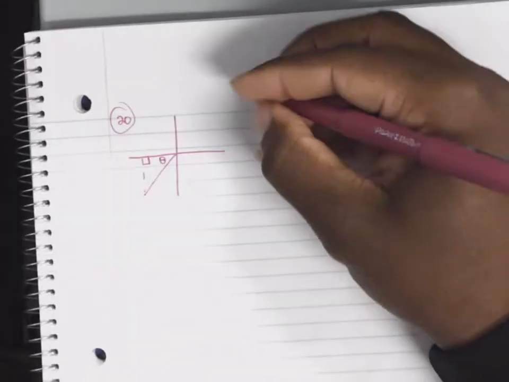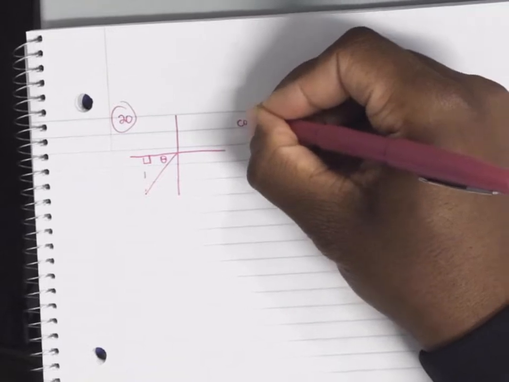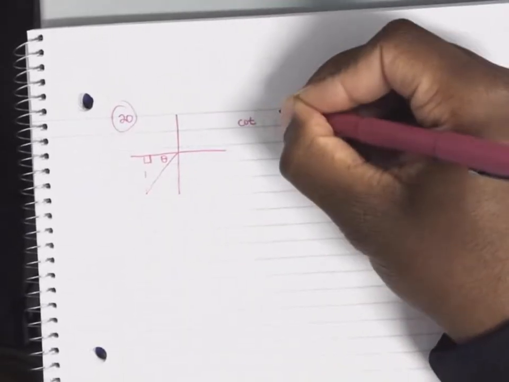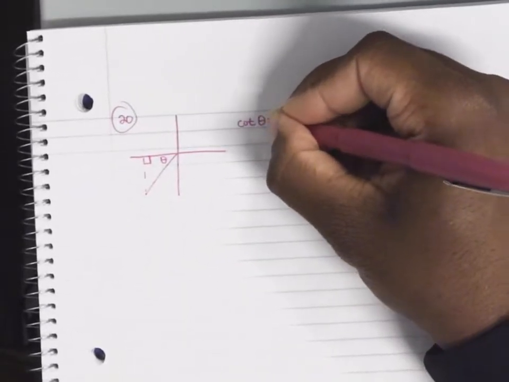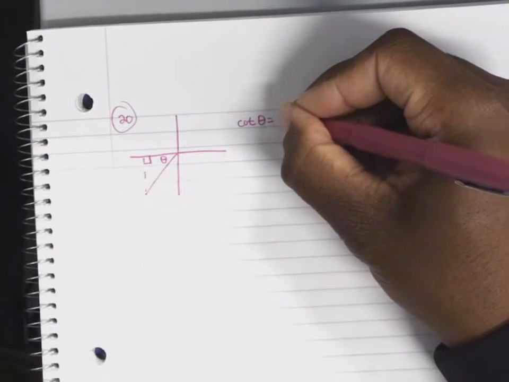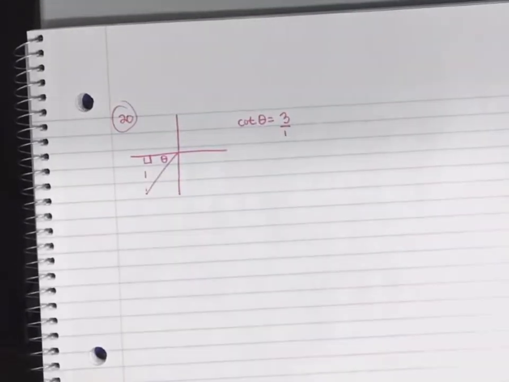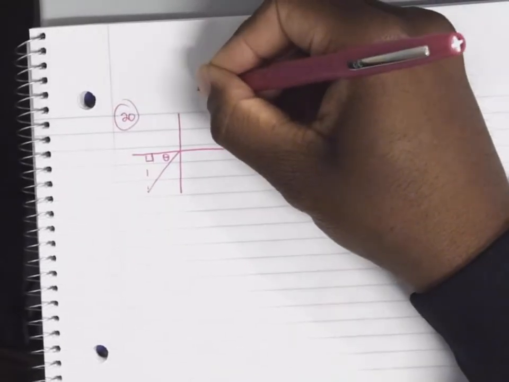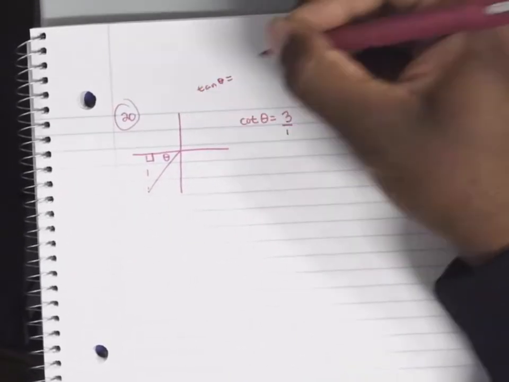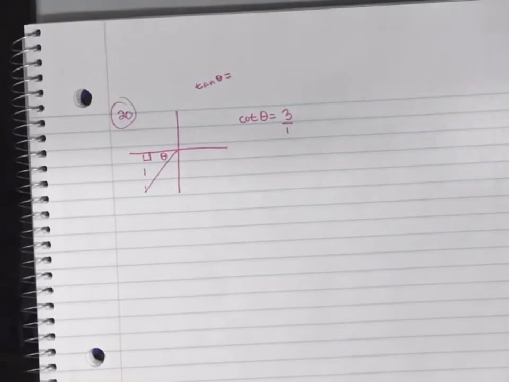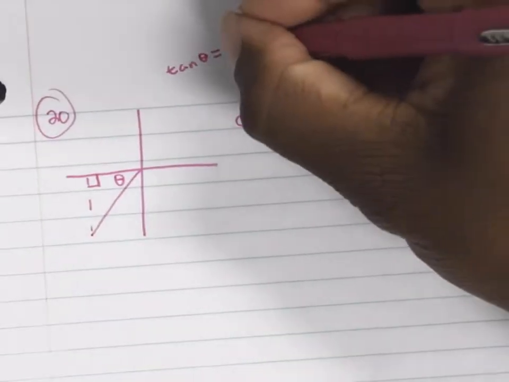And for cotangent, it says cotangent of theta equals 3. And I'll go ahead and write 3 over 1. So for tangent of theta is y over x.